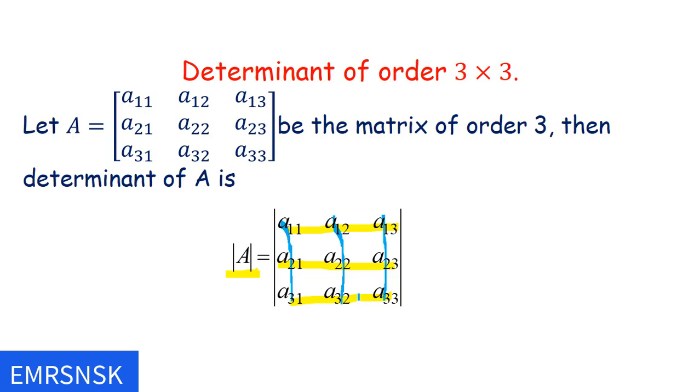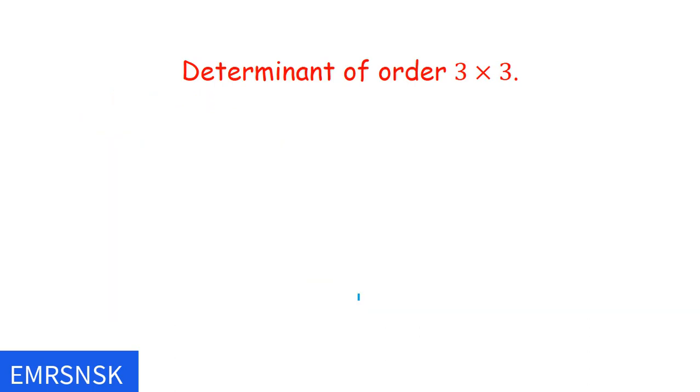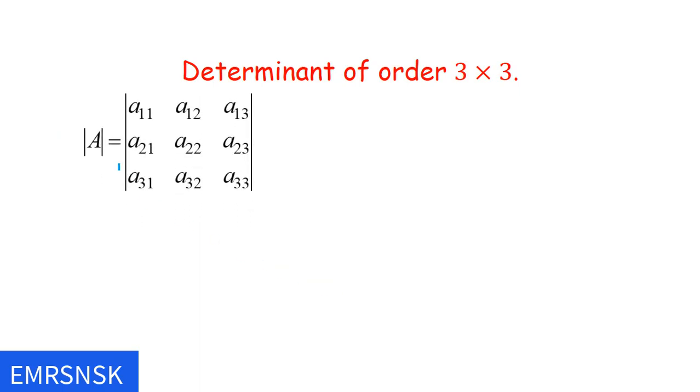Now we will see some of them. Suppose this is our determinant of order 3 by 3. In order to find the determinant, just remember one sign convention. So this is the determinant of order 3 by 3. Just remember these signs. Along first row we have plus, minus, plus.